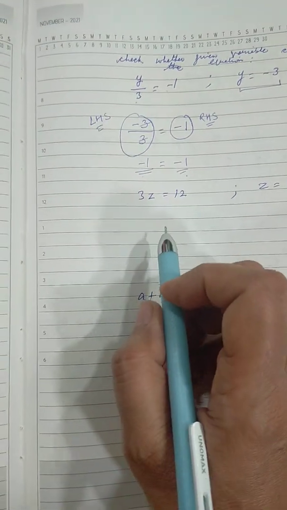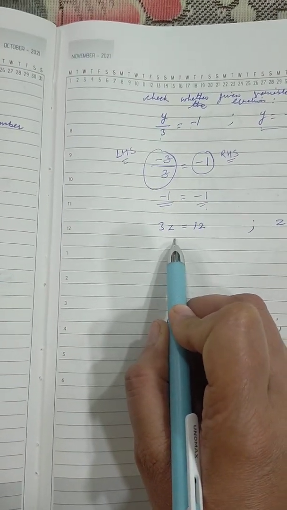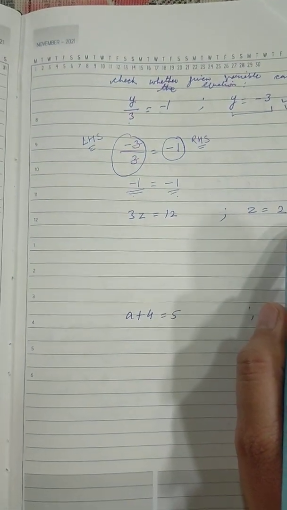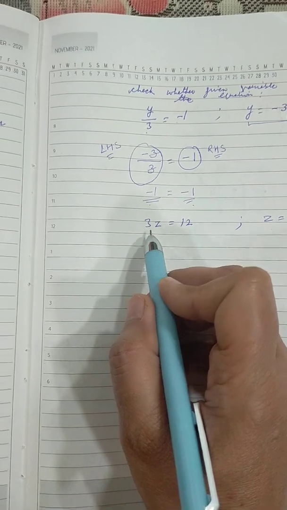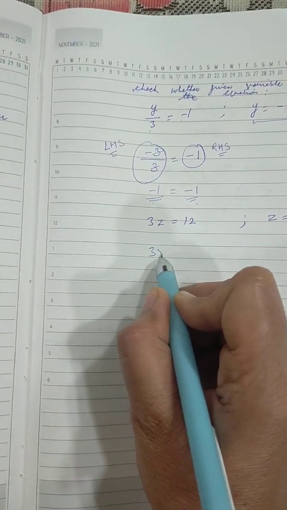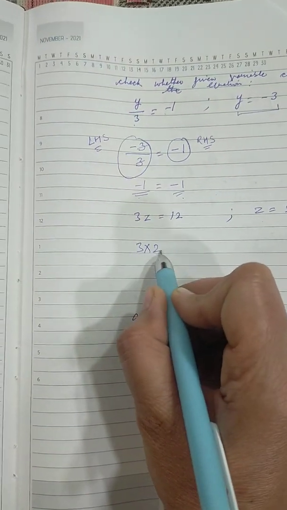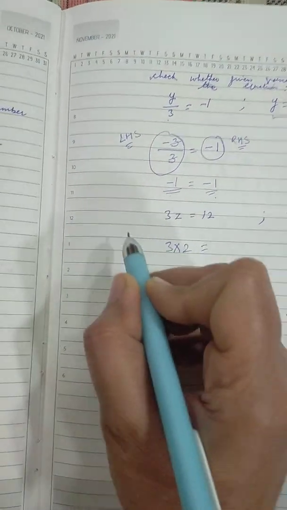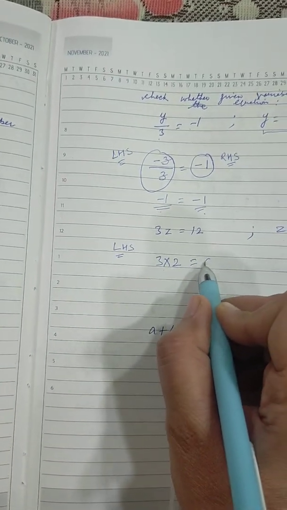Similarly, let's see the next one. 3z is equal to 12. I need to check this again for the value z is equal to 2. So I'm going to put this value z is equal to 2 in the left hand side. So 3 into z. What is z here? 2. So 3 into 2. This is my left hand side. I'm trying to solve the left hand side. It comes out to be 6.